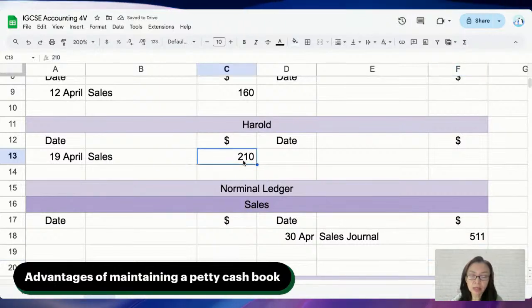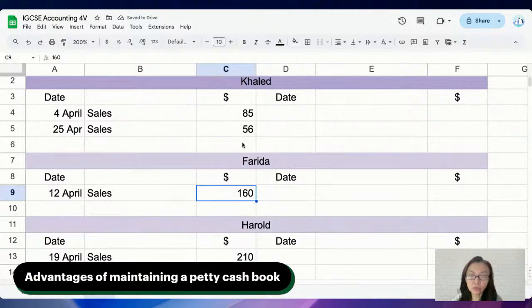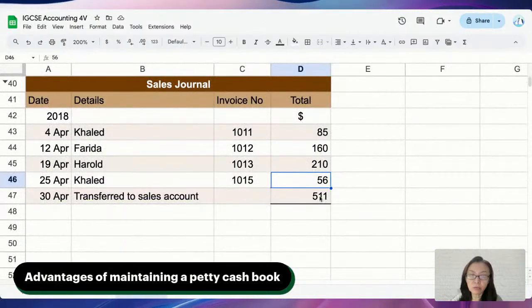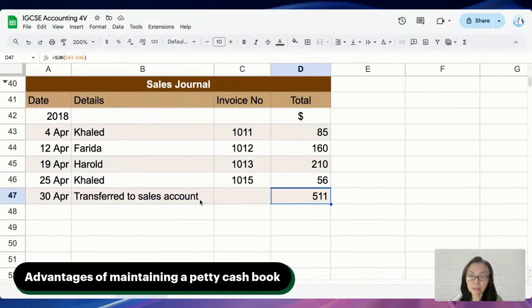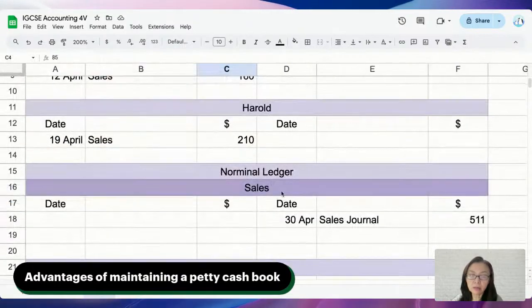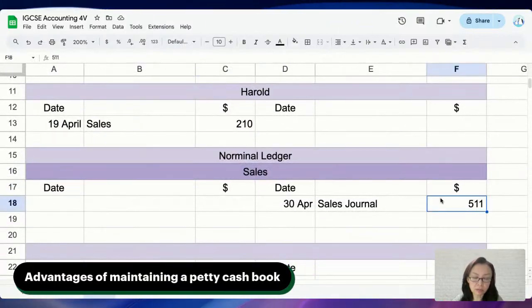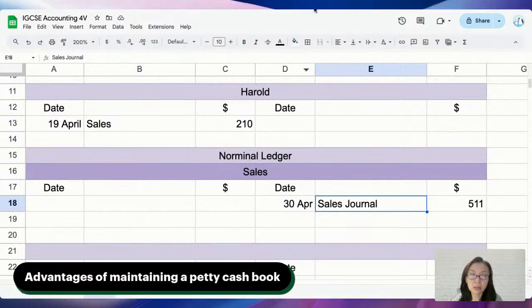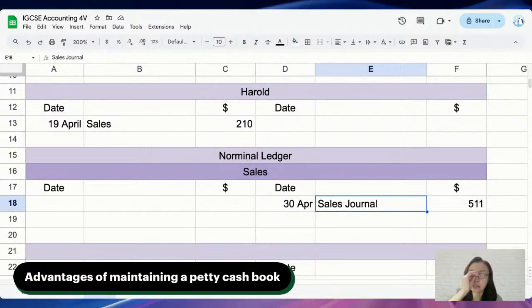You total out these four of them and you will get 511. Same goes here, 511. So it's the same thing. Over here I transfer to the sales account, and here I transfer to the sales account. So this is coming from the sales journal. This is the sales journal and also the sales ledger. This is how it works.